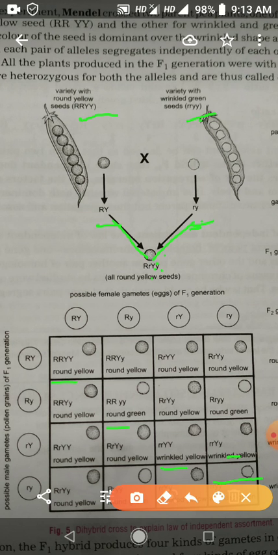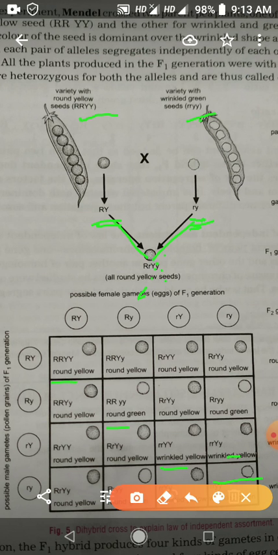These plants will produce gametes. The gametes have genes capital R, capital Y, small r, small y. And when these parent plants are cross pollinated, the union of gametes will produce F1 hybrids with capital R small r, capital Y small y genotype, but their phenotype is round yellow.